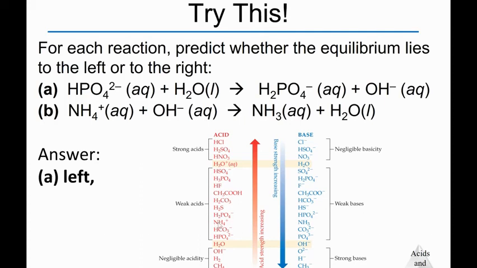So we would say NH4 plus is going to be a stronger acid than NH3, since I don't even see it on here. And if we take a look at OH minus, it's a pretty strong base. And again, water is way up here. So this is going to have our stronger acid and our stronger base on the left. Then we have our conjugate base, NH3, and the water is going to be our conjugate acid. So this one would definitely favor the products, since our stronger acid and stronger base are on the left, on the reactant side.